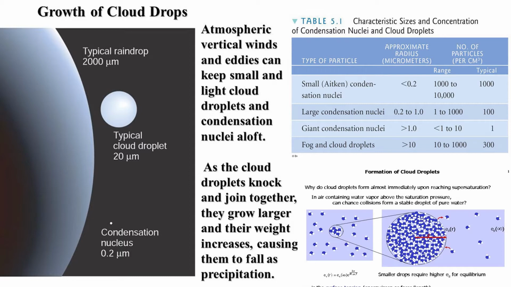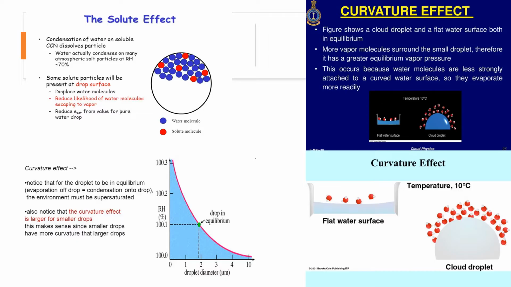If you look at the picture here, the curvature effect, you will understand that a rounded water droplet has curvature, while a flat surface has less curvature. Let's move forward. To keep the droplet in equilibrium, more vapor molecules are needed around it to replace those molecules that are constantly evaporating from its surface.